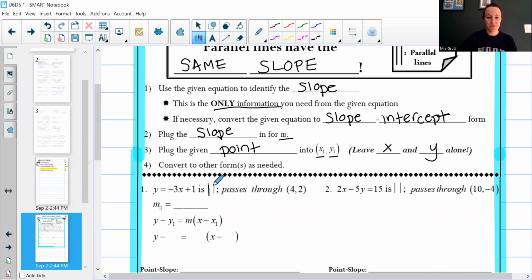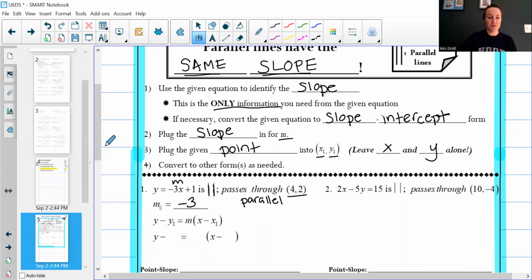Remember, these two lines mean that we are looking for a line that is parallel. Okay, parallel has two L's in it. So parallel means that it is the same slope. Here's my slope. So my parallel slope would be -3.